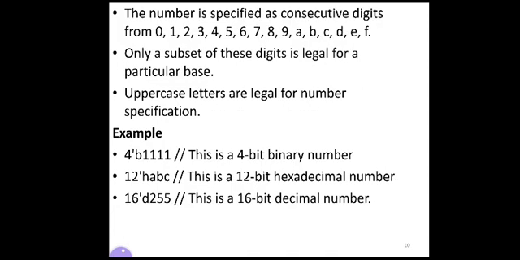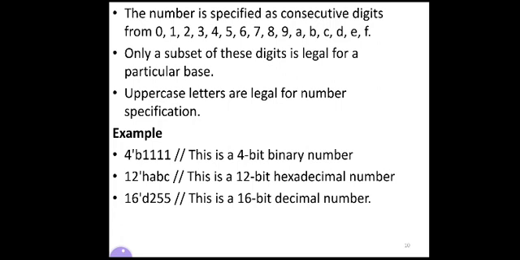Then the number. The number is specified as consecutive digits from 0 to 9 and A to F. Only a subset of these digits is legal for a particular base. Suppose you want to write a binary number: only 0 and 1 are available, so if you provide base format B, you can write only 0 and 1.